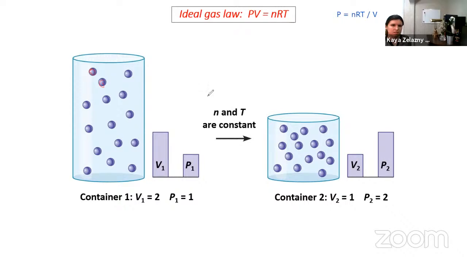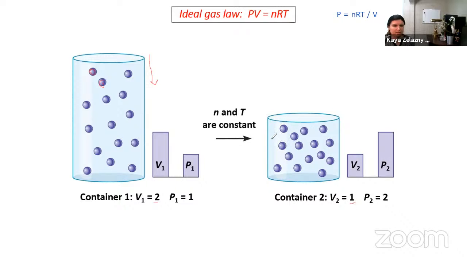As we compress this container, so we make it smaller, it's getting shorter. We're actually not changing the number of gas molecules here. If you count them up, you'd still get 15. But because they're in this much smaller volume, we've gone from a volume of 2 to a volume of 1.